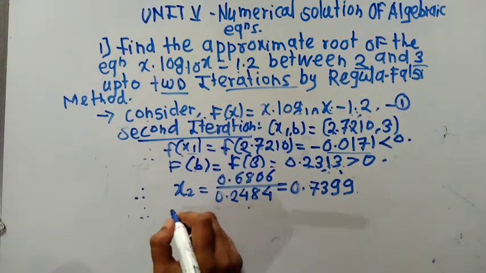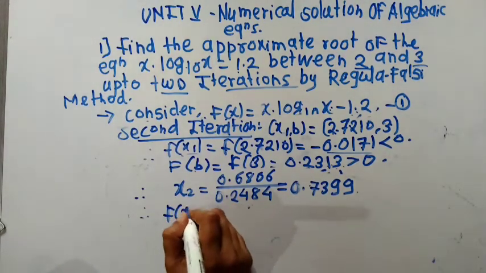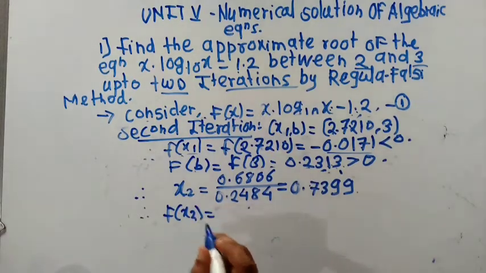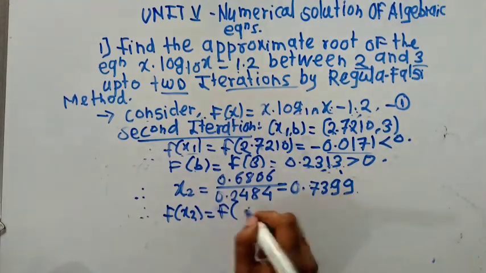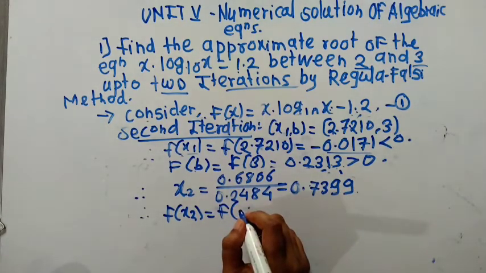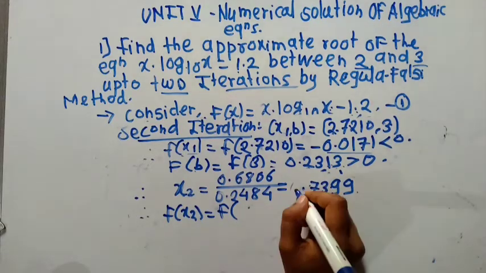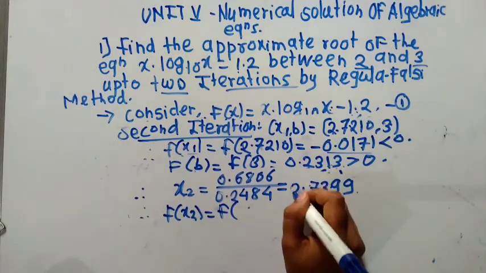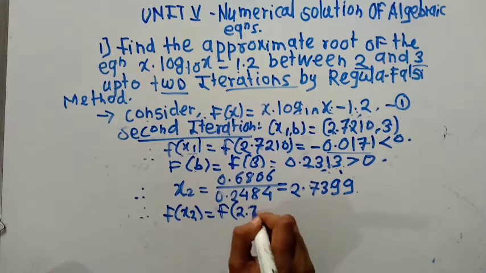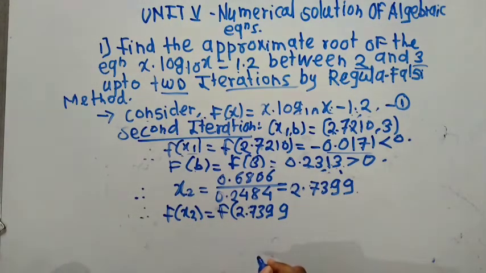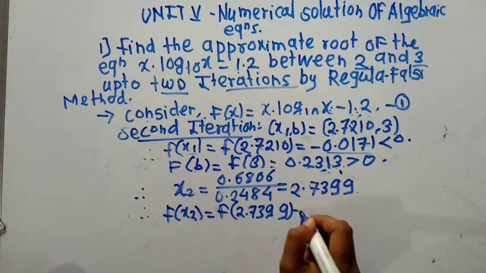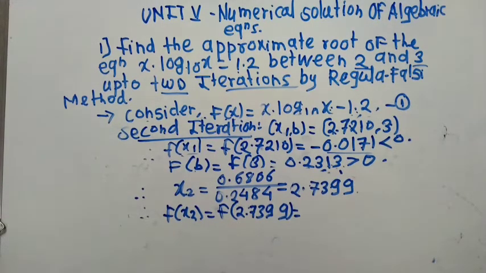Hence f of x2, which is equal to f of 2.7399.